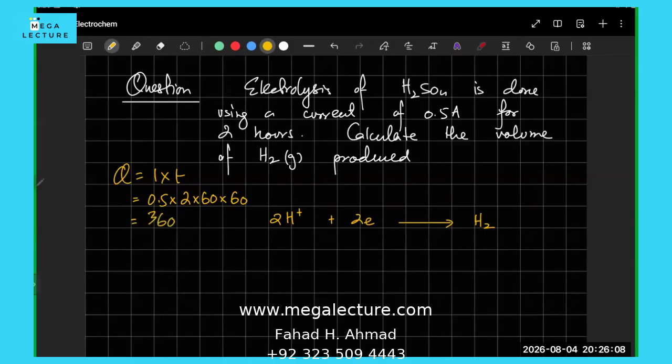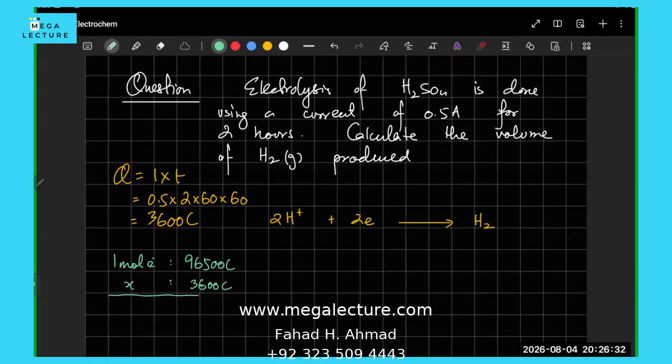ठीक है, 3600 coulombs. If I have the charge, I can convert that into moles of electrons because I know that 1 mole of electrons has a charge of 96,500 coulombs, right? So मेरे पास कितना है? That's 3600 coulombs, right? So how many moles of electrons would I have?